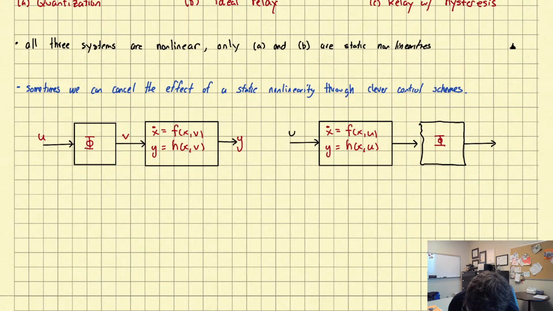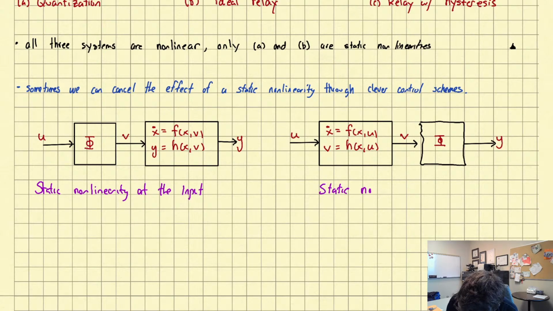So okay, here we have two systems, and what we're saying is this is a static nonlinearity at the input, and this one is a static nonlinearity at the output of our plant.